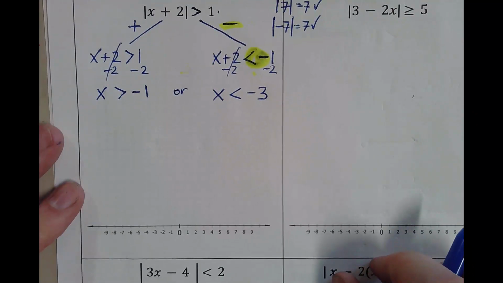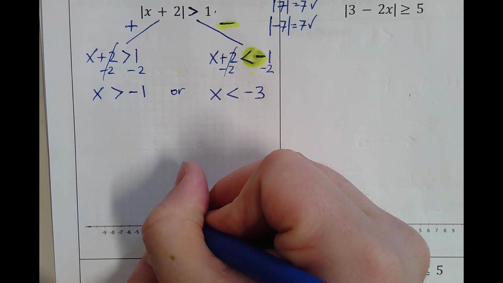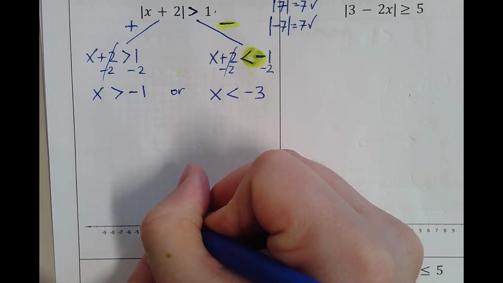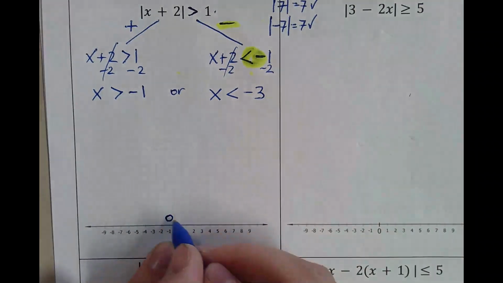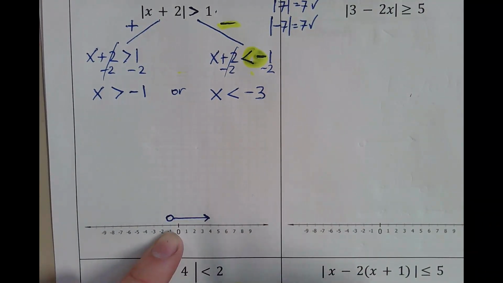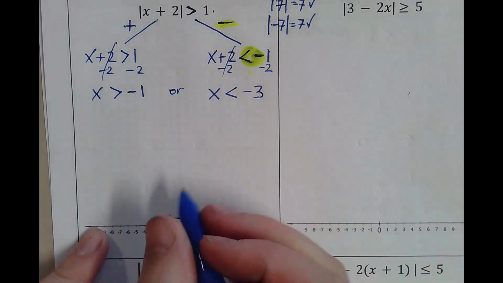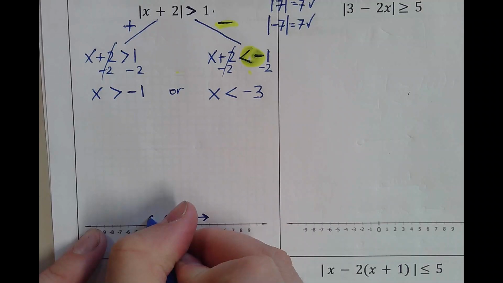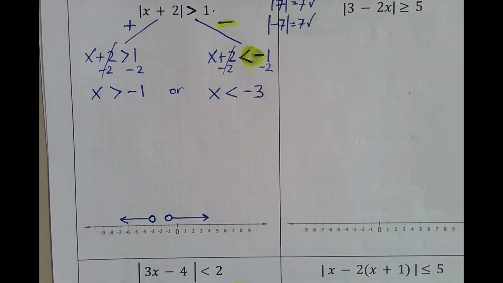Let's graph that. The first one is greater than -1, open circle, and less than -3. That would be my answer.